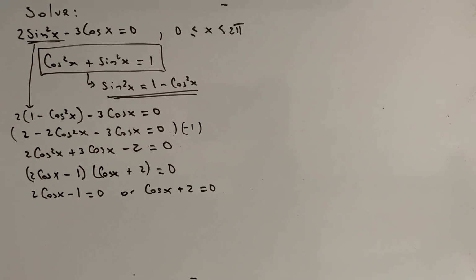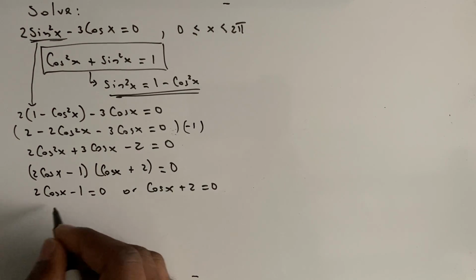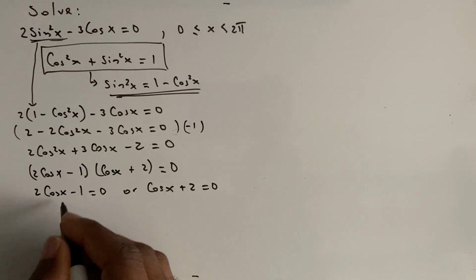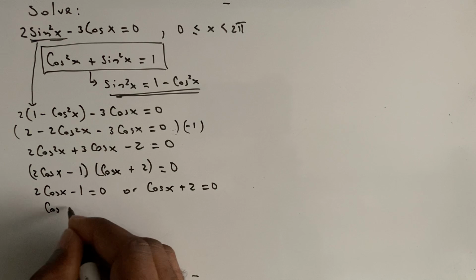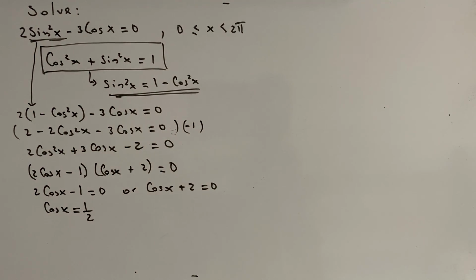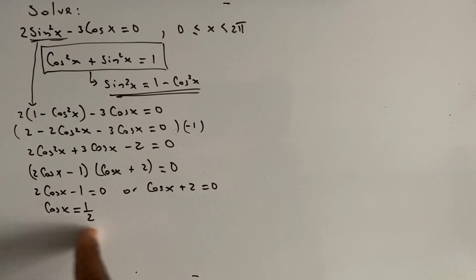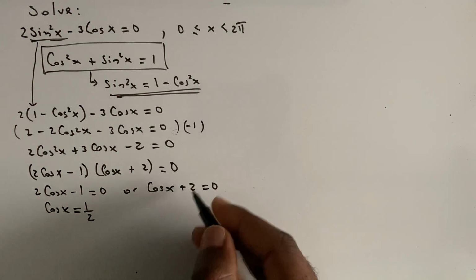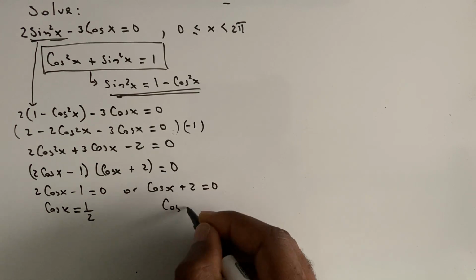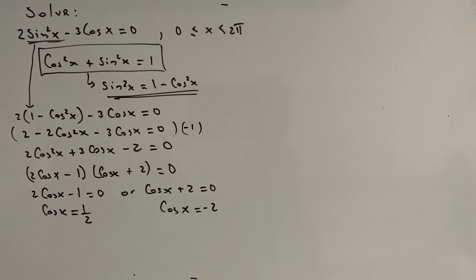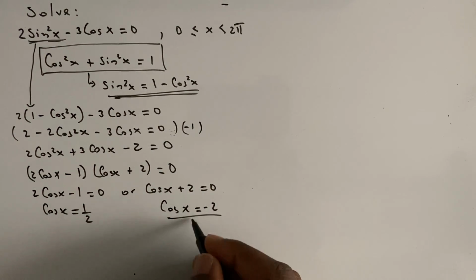For the first one, we move the 1 over and divide both sides by 2. It becomes cosine x equals 1 over 2. We can get this angle because cosine x can be 1 over 2. But the other one would be cosine x equals negative 2. In this case, no solution.